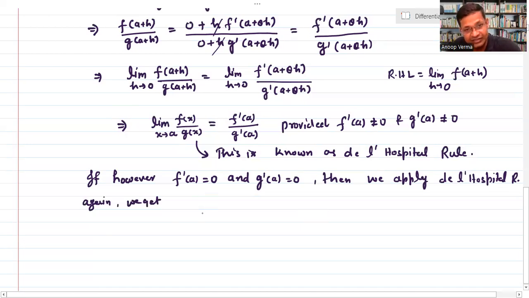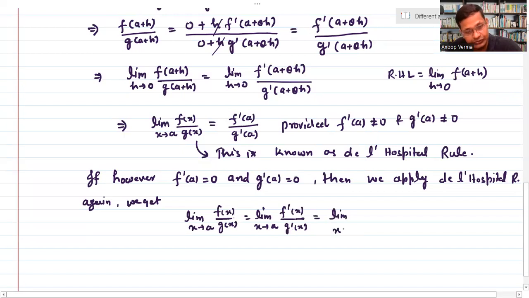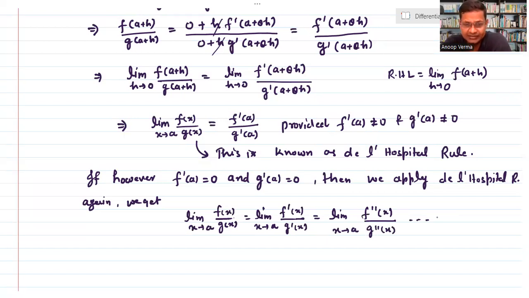So if you are again differentiating, you can get this limit x tending to a of f x upon g x is just equal to the limit x tending to a of f dash of x divided by g dash of x, and you can have the limit x tending to a of f double dash x upon g double dash x. And in a similar way you can follow till you get the 0 by 0 form, and after one stage you will be able to find the limit of that rational function, a quotient function.